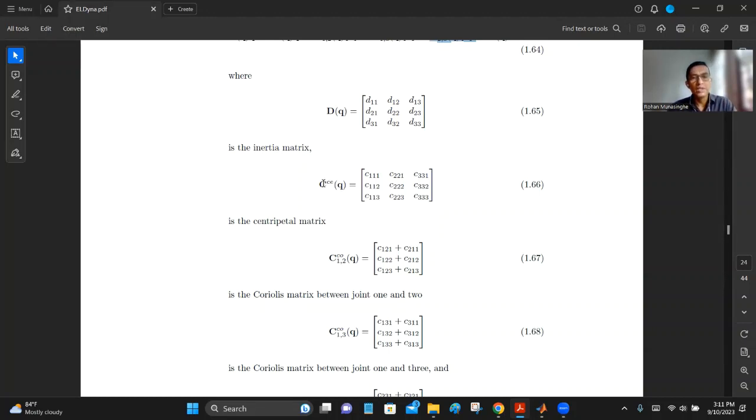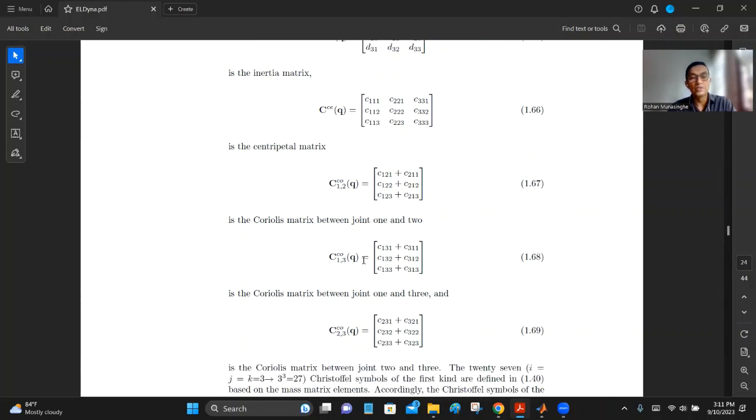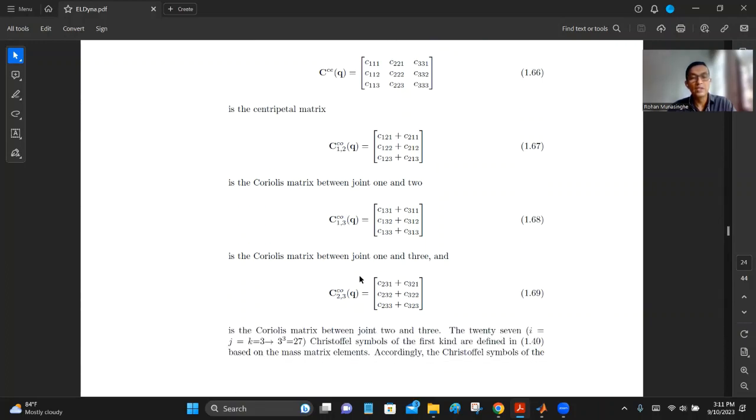See, centripetal forces and the related torques in the dynamic model are actually represented by the C matrix, right? This one, 1.66. And Coriolis forces, right? They come in 1, 2, 1, 3, and 2, 3, like this. You can see the Christoffel symbols in all of these things.